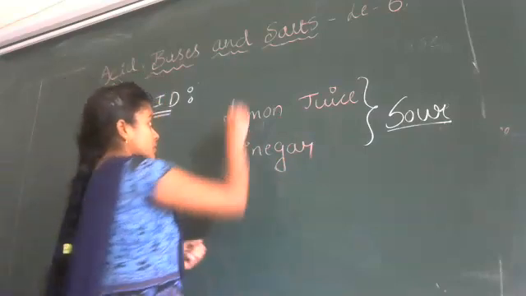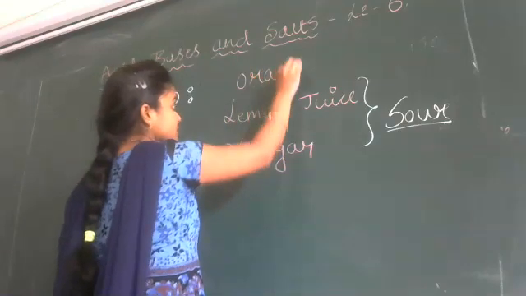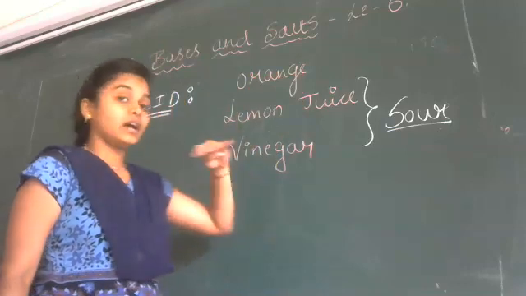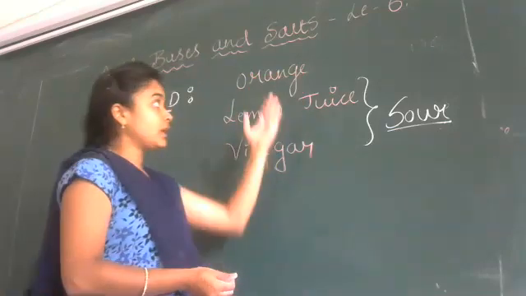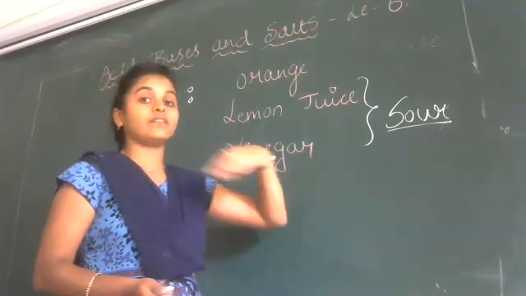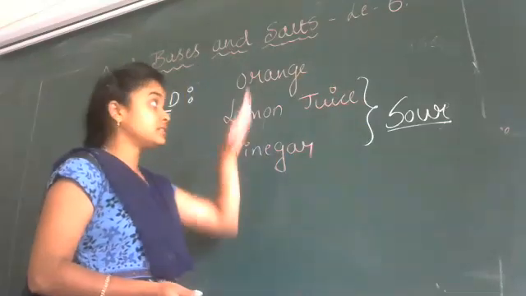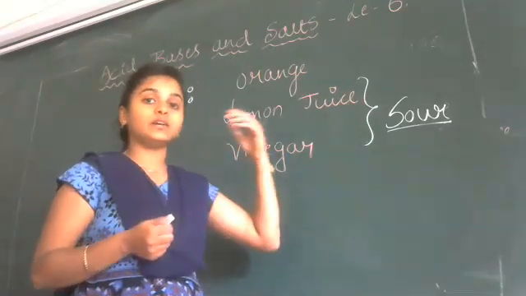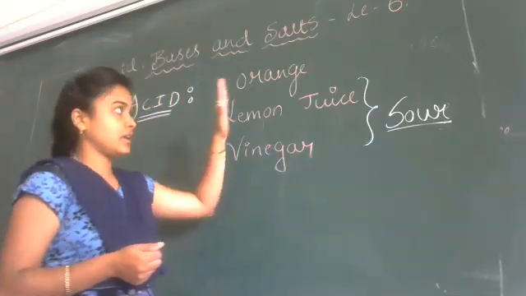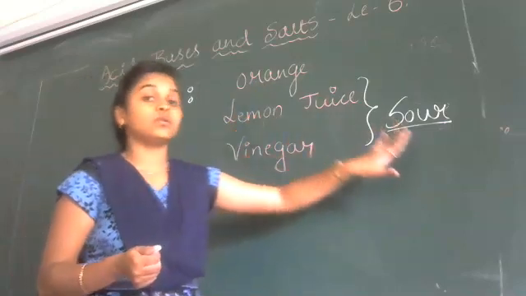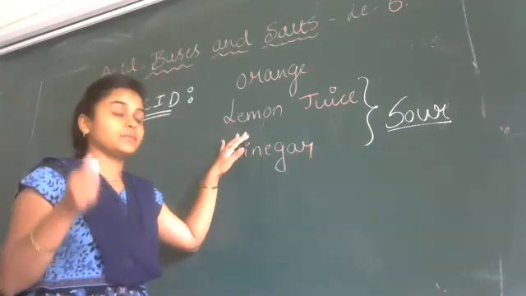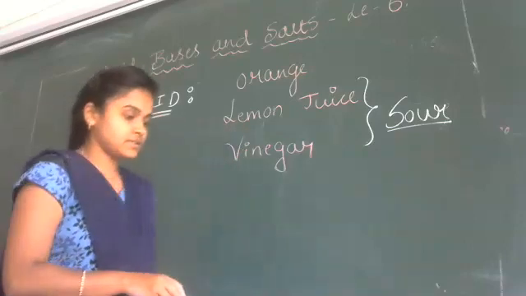Next, a fruit like orange also consists of acids. Here we have different types of acids also. Orange consists of one type of acid, lemon juice has another, different acid. But any food items or other products you can take, the items which are sour in taste consist of acids.